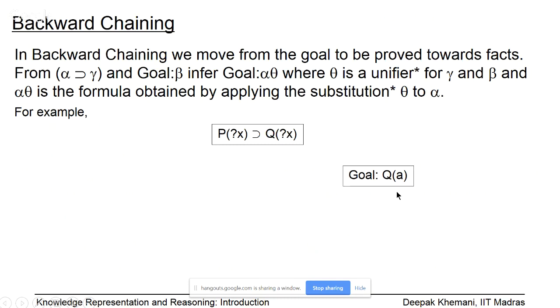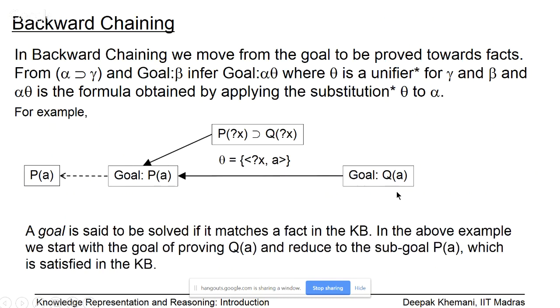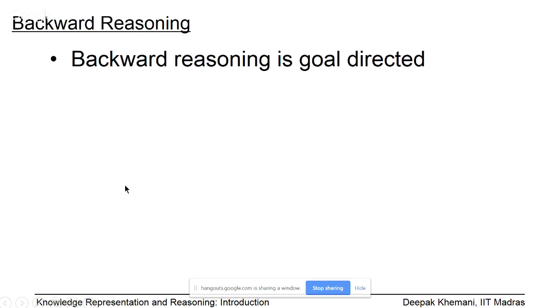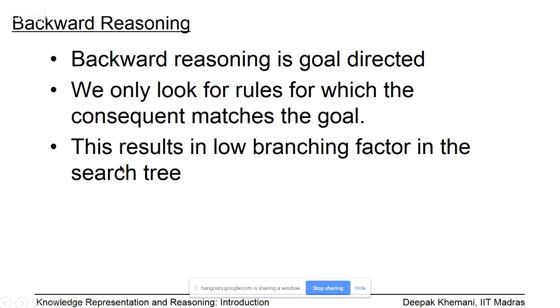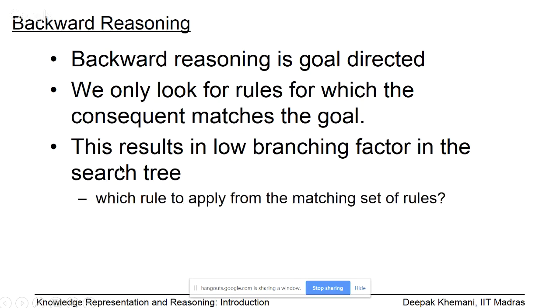In backward chaining we move backward in this fashion to reduce this goal to a new goal which says, can you show that a is a p, and that can be shown trivially because it's given to us in the knowledge base that a is a p. So backward reasoning is goal directed, and we are only interested in finding out what are the inferences we need to make to show that that particular goal is true.